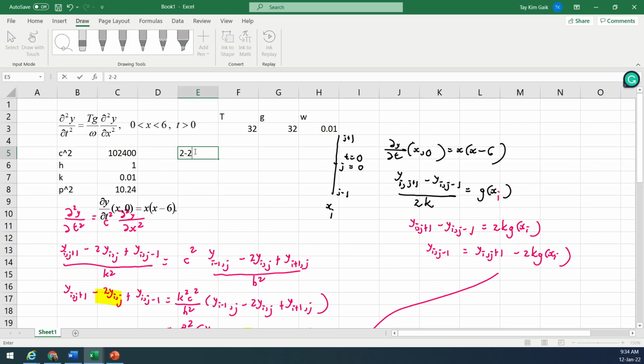2 minus 2 rho squared. 2 minus 2 times, this is a rho squared. So this cell is F5.